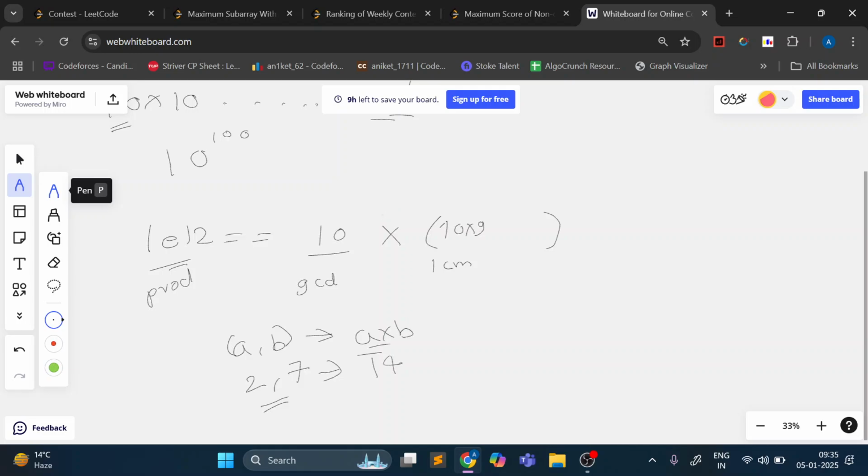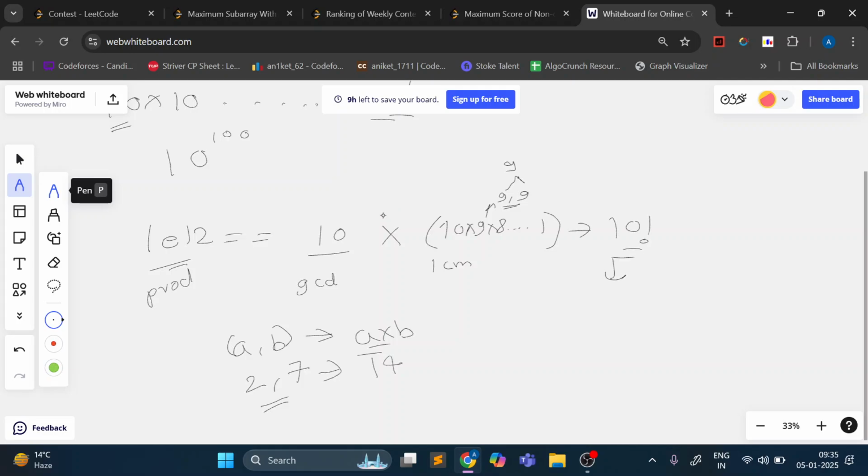10 into 9 into 8 up to 1, because even if we repeat multiple elements in the array, their LCM would eventually come out to be 9. So we only have 10 unique elements whose LCM can be 10 into 9 into 8, which is equal to 10 factorial.